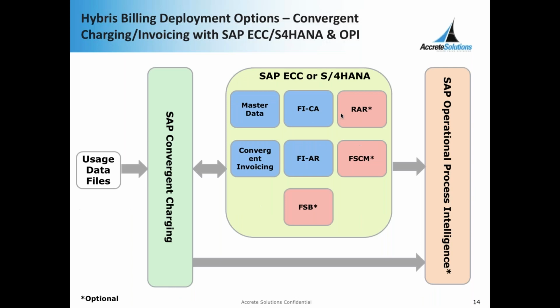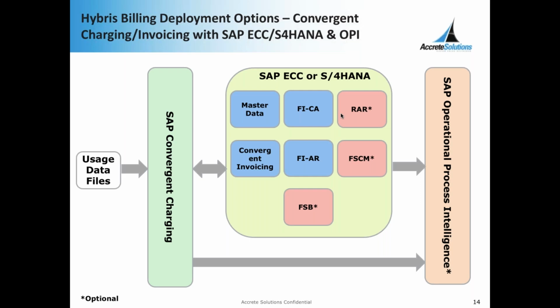So the second option here is you can use convergent charging as well. In convergent charging, as Jed already pointed out, you can do pricing and validation, the business rules of pricing, and basically determine who is going to be billed and how much. Again, usage data files can be sent from third-party systems.